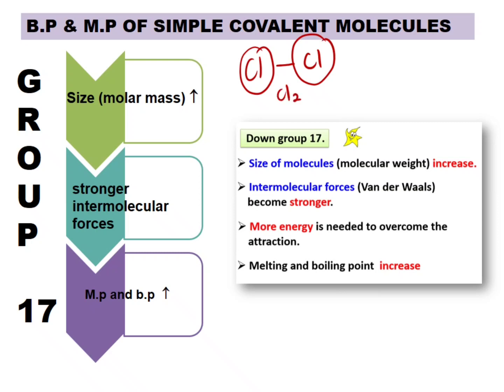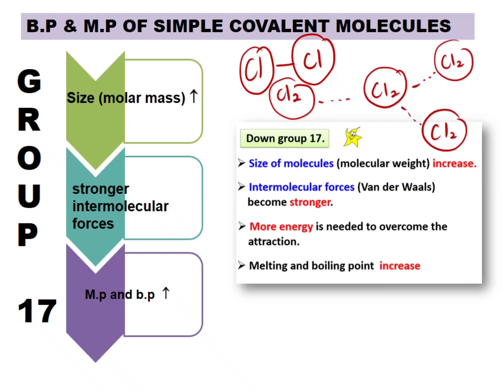So kalau chlorine gas Cl2 berdekatan dengan another Cl2, kan, chlorine gas bukan hanya ada satu saja molekul, boleh jadi banyak. So attraction antara between molecule ni, antara chlorine gas dengan chlorine gas, ini yang kita panggil sebagai intermolecular forces. Ni attraction ni. Okay, so lagi tinggi molecular weight dia, lagi besar molecular weight dia, lagi besar size dia, so lagi kuat intermolecular forces. So melting or boiling point dia akan tinggi.